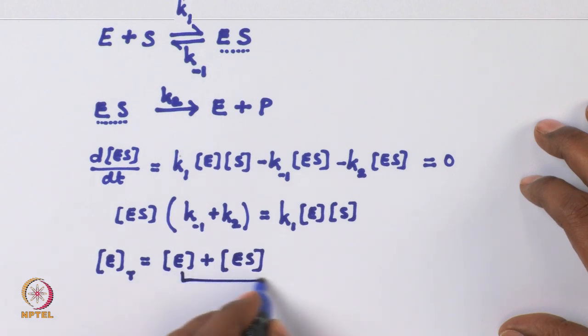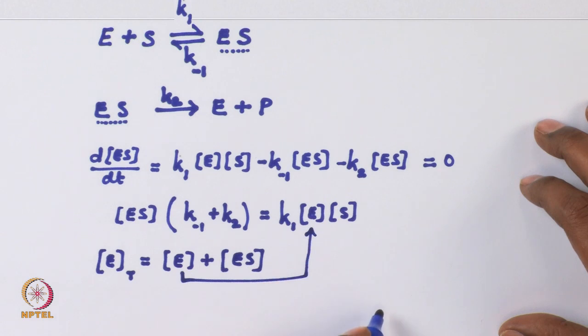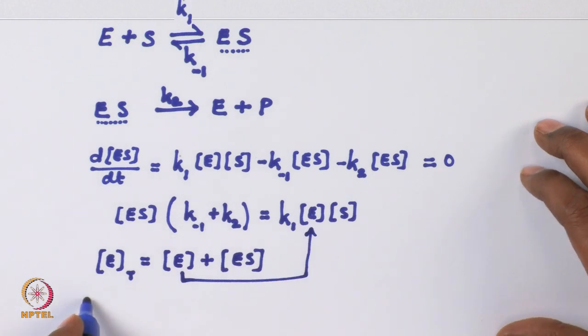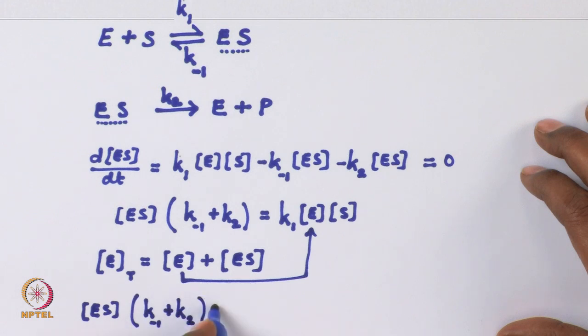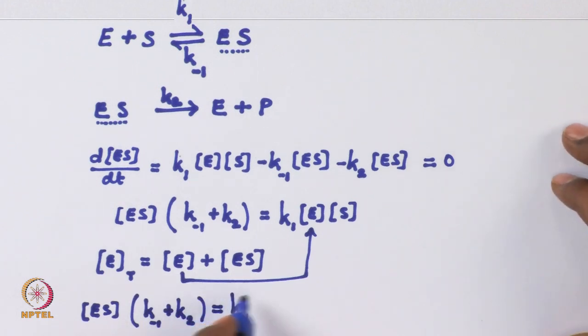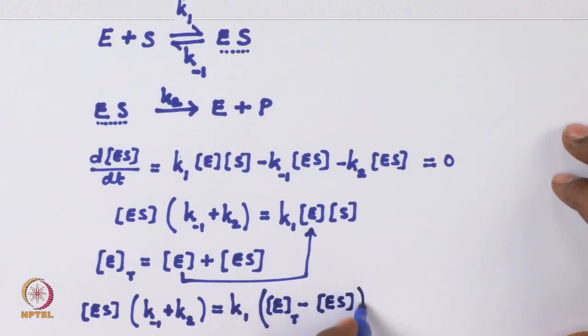I can substitute for E into this, and what I will get is ES into K minus 1 plus K2 is equal to K1, within bracket instead of E I will use E total minus ES, this is for E, and then I have left over is S.